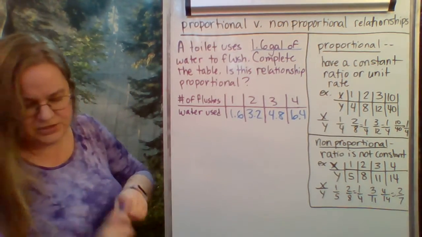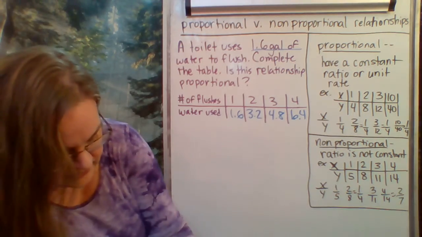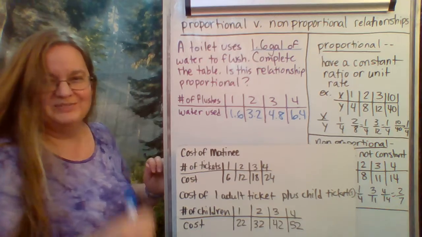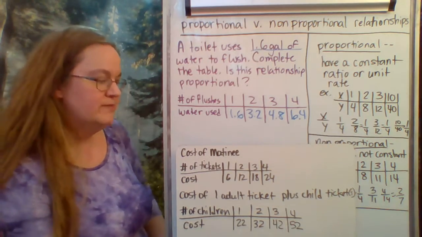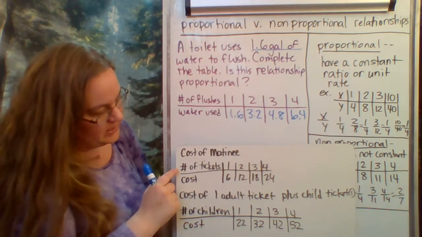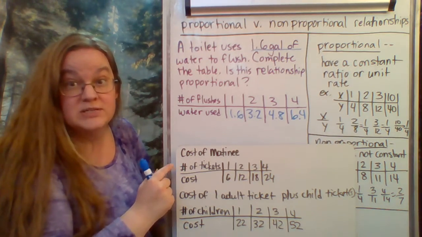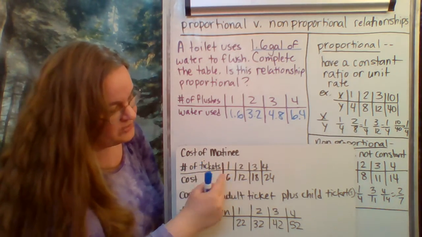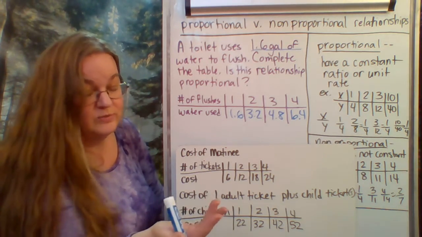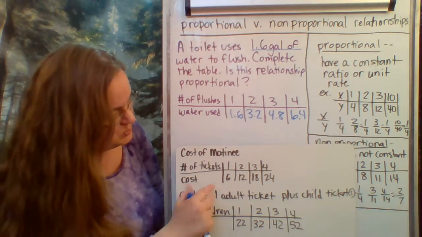Okay? So let's look at another example and see if we can tell if these are proportional or not. I've got 2 examples of movie tickets. And for the matinee, everybody's ticket costs the same. So we're trying to figure out if either of these are proportional, and if one of them is, or both of them, how we know it's proportional.